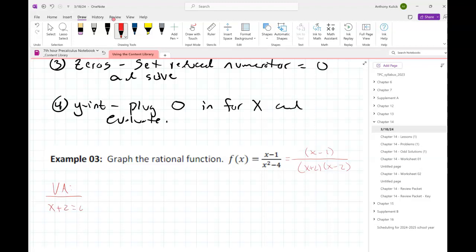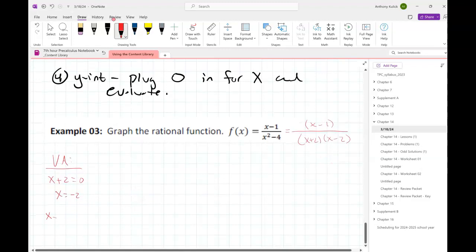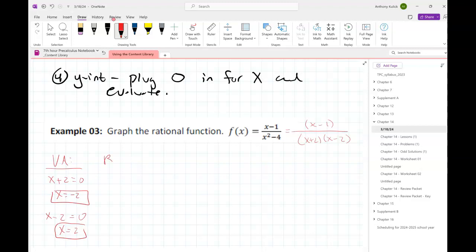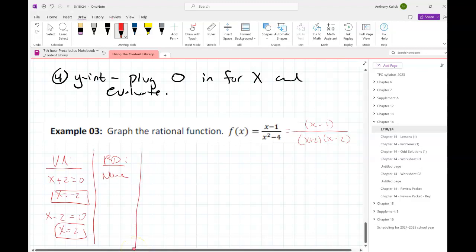So I'll just take my denominator and set each piece equal to 0. Each of those will be vertical asymptotes. Because there was no reducing to do, I know there's no removable discontinuity.